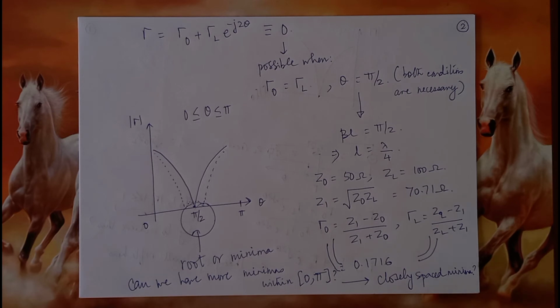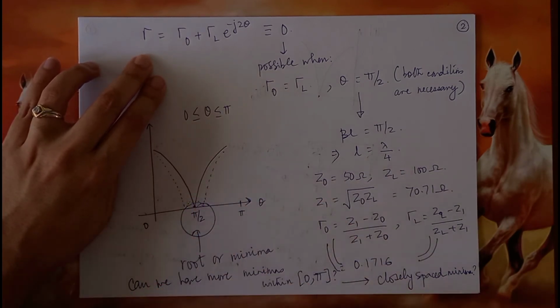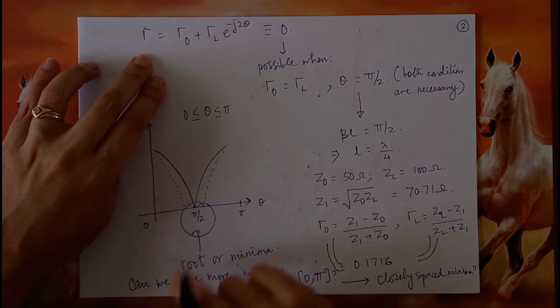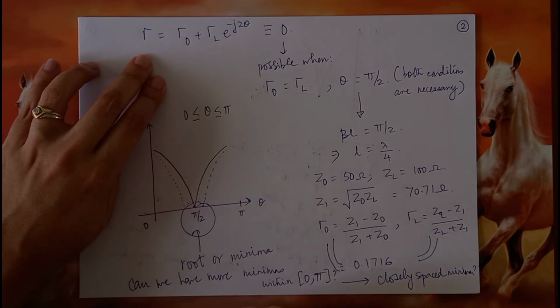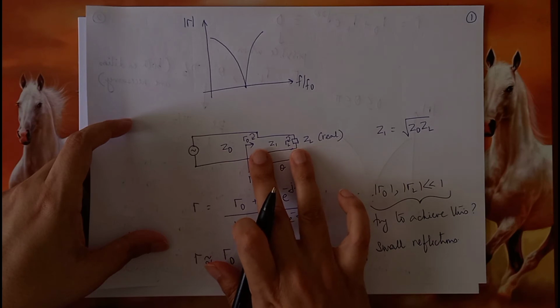So let us see whether it is indeed possible. Now the question is, what is the property of the transmission line, or what is the property of the impedance transformer that is causing this frequency response to have just one minima? Well, intuition tells me that there are two terms or two reflection coefficients, gamma 0 and gamma L, happening because of this single quarter wave transformer.